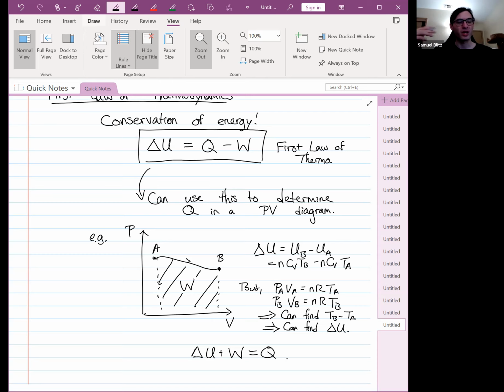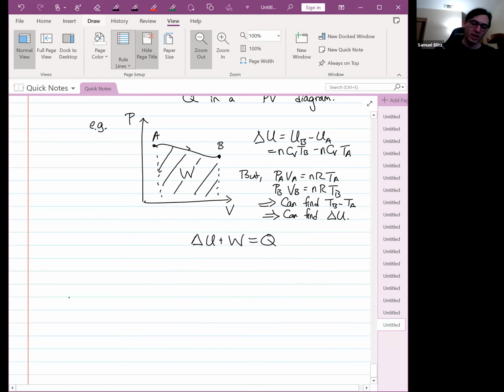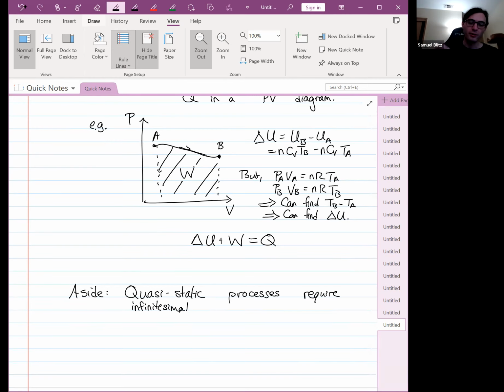So quasi-static processes require infinitesimal heats and works that are done, just so they can step from one point to its neighbor, right? You don't want to go from here to here immediately. You want to pass through all of the states on the way there.